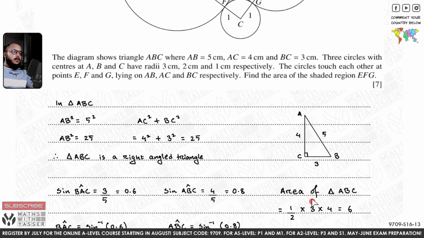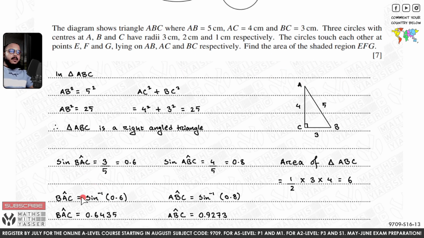So the area of triangle ABC is also half times base times perpendicular height, which is 6. And for the angles, BAC must be sine inverse of 0.6. So BAC is 0.6435 in radians, and angle ABC must be sine inverse of 0.8, which is 0.9273 in radians.